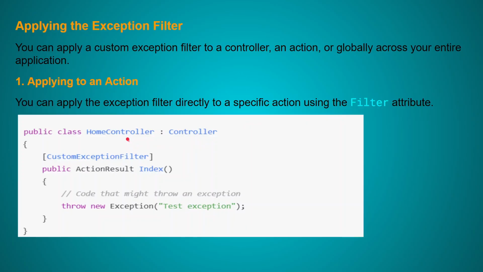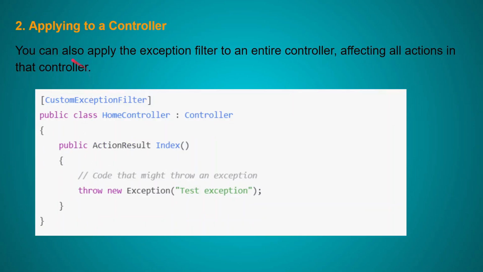See, we have a Home controller here and a method called Index, that is an action result, so we are applying the custom exception filter. Applying to a controller: you can also apply the exception filter to an entire controller, affecting all actions in that controller. We apply the custom exception filter above the Home controller.